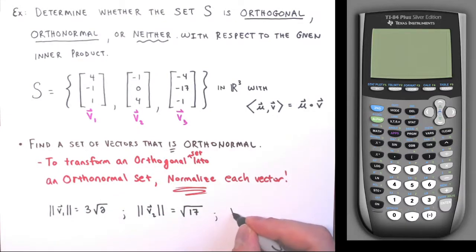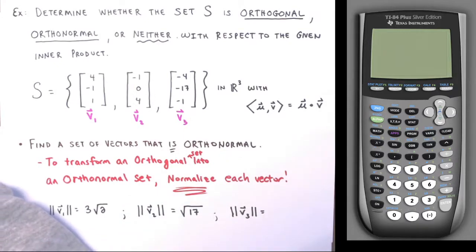And the norm of vector 3 is, now this one's a little hairier, but I'll punch this in. Negative 4 squared is 16, plus negative 17 squared, that'd be 289, and then plus 1.